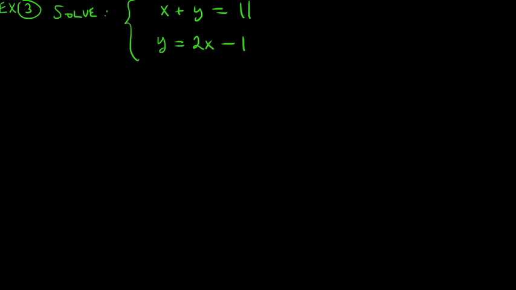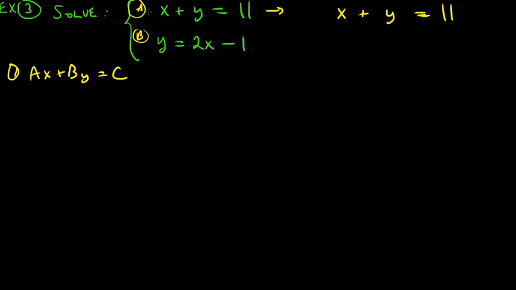Using the method of addition, we need to get both equations into the form ax plus by equals c, the standard form or general form. And notice that the first equation is already in that form. You have both x and y on the left side and only the number on the right. But for equation B, the second equation, x and y are on opposite sides.